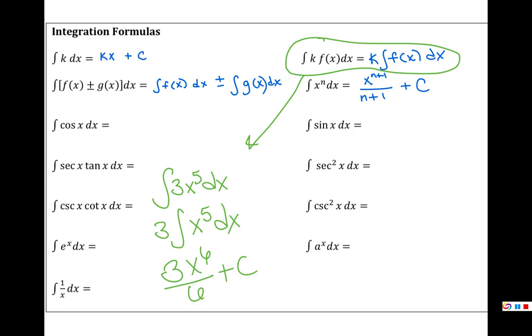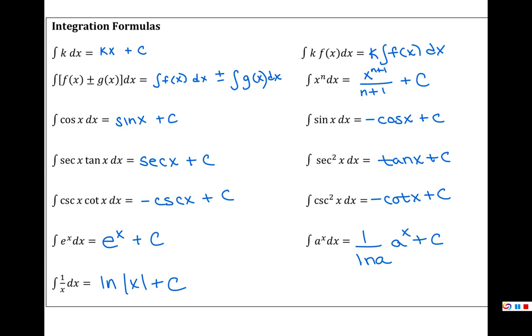So the 3 stays there. For the x to the fifth, you get an x to the 6 over 6, and then plus c. Now I would reduce that. The 3 over 6 is the same as a half. But that shows the basic idea of the fourth property.